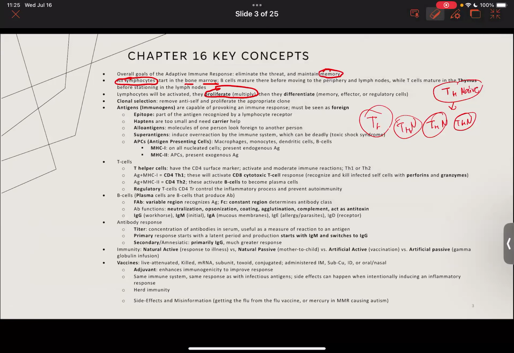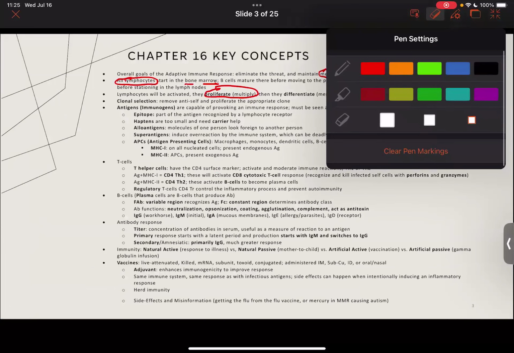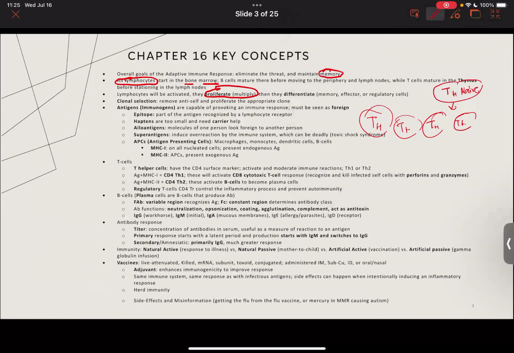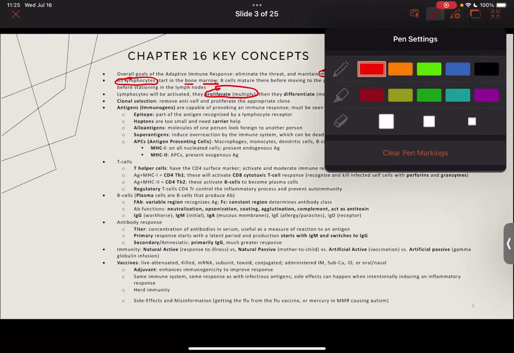Some of them will turn into memory, some of them regulator, and some of them effector. Always, it's those 3. So some of those that we proliferated out will then differentiate into memory. Some of those that we proliferated out will turn into regulator, and then others will be effector. So I would put E here, but by that, I'm not really referring to effector, right?